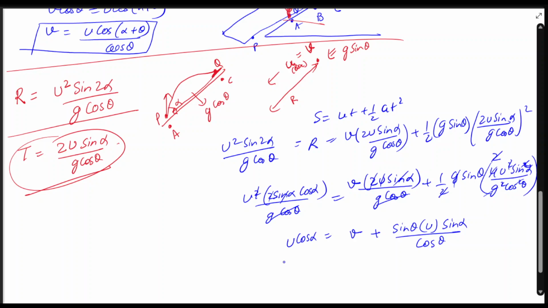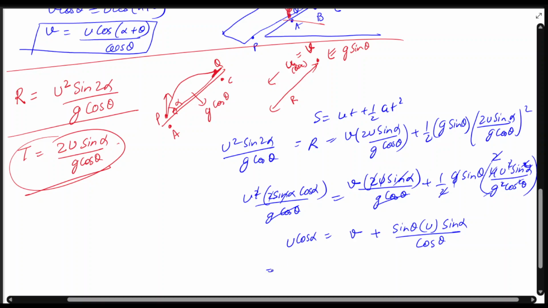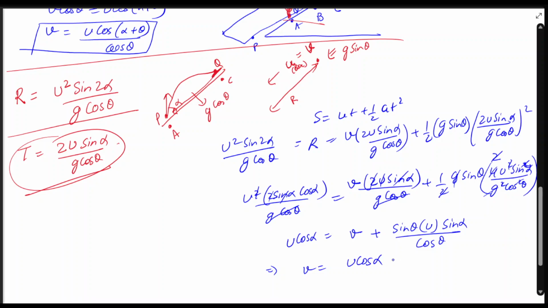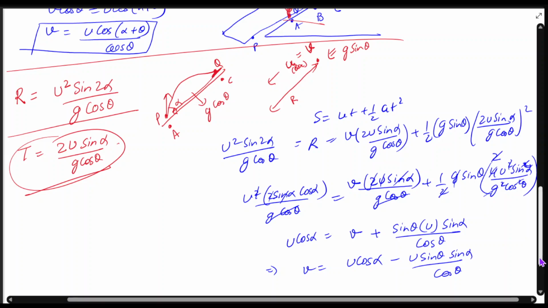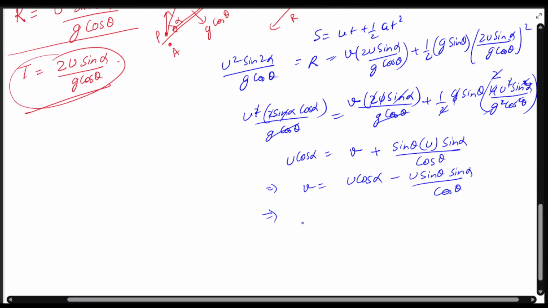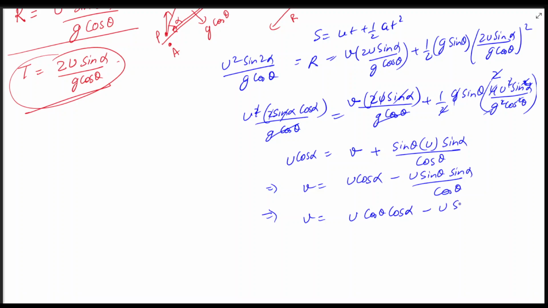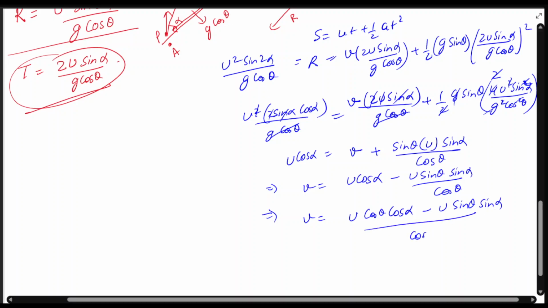Now from here, u can come here, right? So we'll get v = u cos alpha minus u sin theta sin alpha divided by cos theta, right? So we will have v as u cos theta cos alpha, we can just take LCM, minus u sin theta sin alpha upon cos theta.